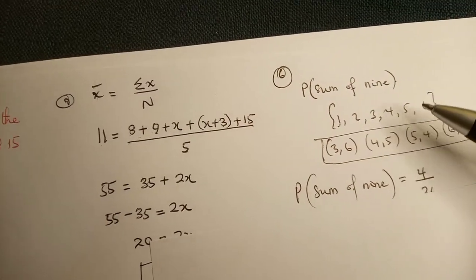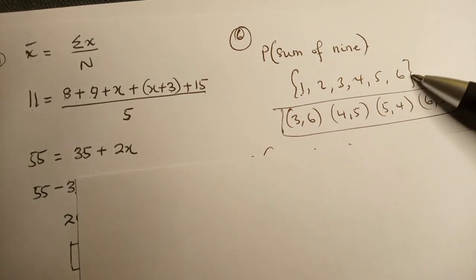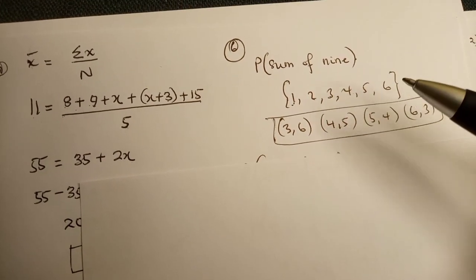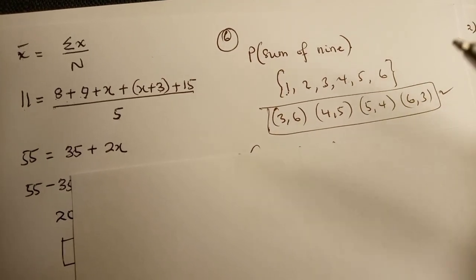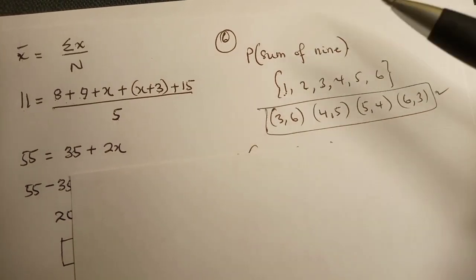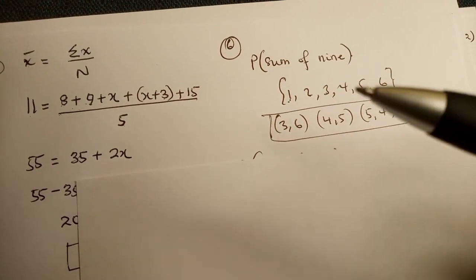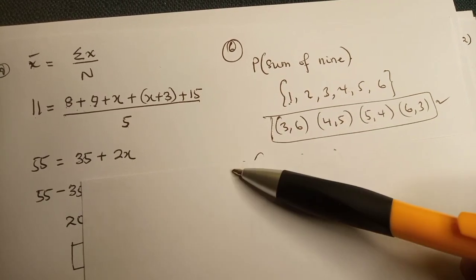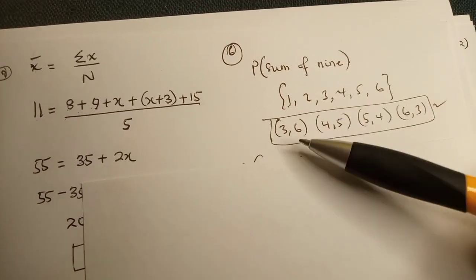The possible outcomes for a die when it's thrown are 6: 1, 2, 3, 4, 5, 6. Now, because it's 2 dice, we'll have a combination of 2 outcomes, one from the first and one from the second. So 1, 1, 1, 2, 1, 3, and so on like that.